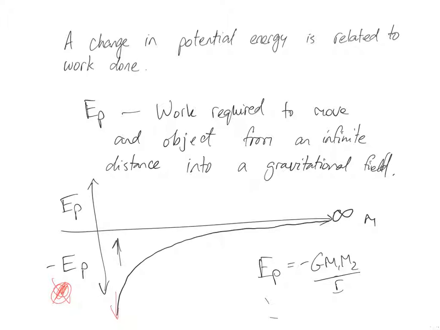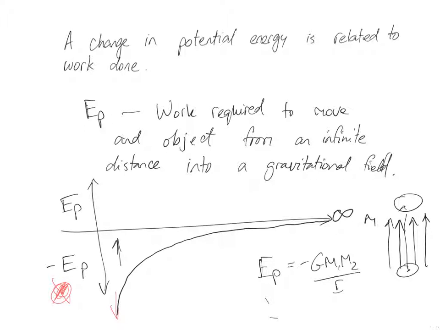Whenever you move an object up against a gravitational field, you're doing work on that object. You're putting energy, in the form of potential energy, into that object. So to lift a ball from here up to here, you've added potential energy. Now when you let it go, the field can release that potential energy. It doesn't have to do work.